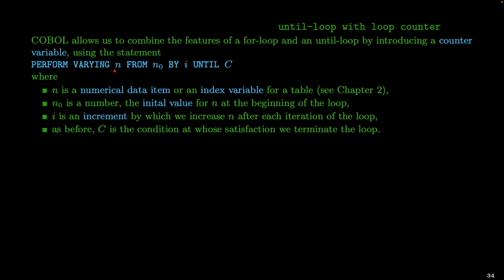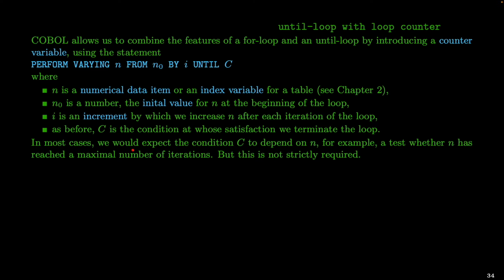So we start for n with value n0, and every time we go into another iteration of the loop, we increase it by this value I. And again, until c, the c is the condition that makes us terminate the loop once it is satisfied. So we have an until loop with this termination condition, where in addition we have a counter variable that we increase in a certain manner where we start from a certain value.